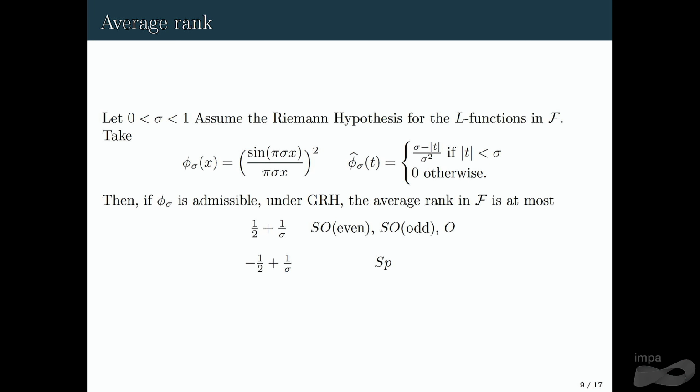And so I get a bound on the average rank, which is 1/2 plus 1 over sigma, where sigma is the best support I can get. And in the symplectic case, we get a better bound on the average rank, because there is no vanishing at 1/2 for the symplectic case.